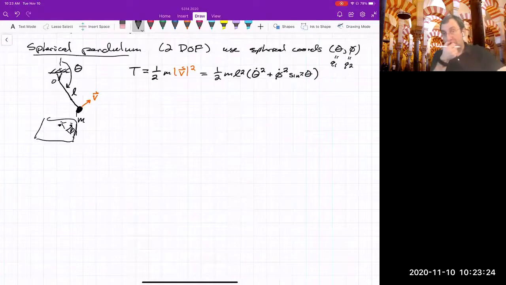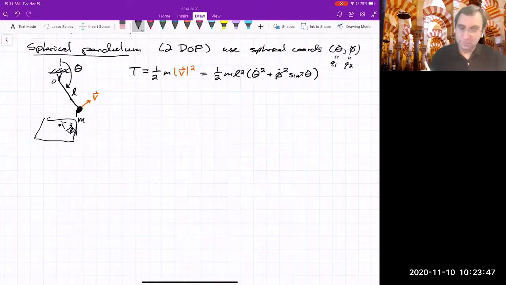Wow, that looks familiar. It looks a lot like the centrifugal governor, but in that case, phi dot was equal to capital omega because it was due to a motor. This is now a degree of freedom, so it's free to move around in that direction. So it's a variable.